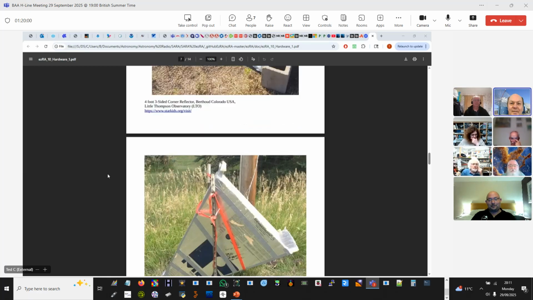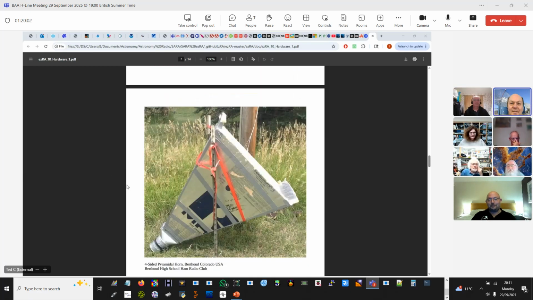I would say this one is the best, but it's kind of fragile, this great big pyramidal horn. You saw, even at your presentation, your conference there, you can make them out of balloons or anything, as long as it's got a metal funnel collecting more energy down at the bottom and into a can where the probe is in the right place.